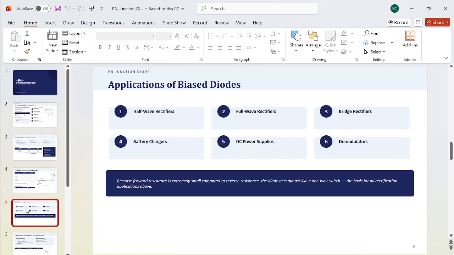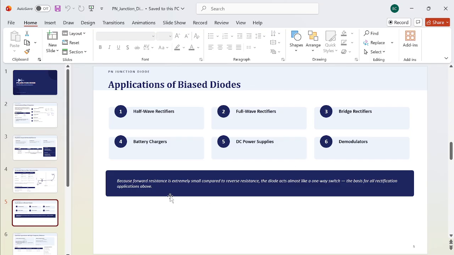Then we can see the applications of the biased diode. If you are biasing the diode, then the diode can be used as half wave rectifiers, full wave rectifiers, bridge rectifiers. It can also be used in battery chargers, DC power supplies, and as demodulators or detection of modulated signals.